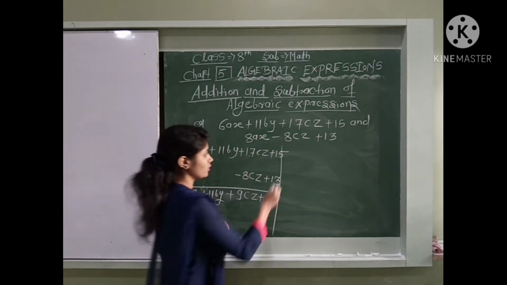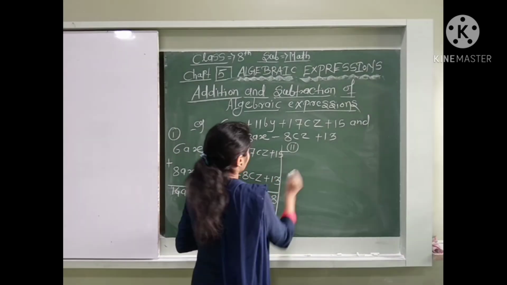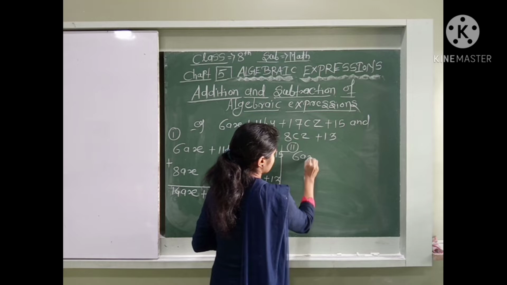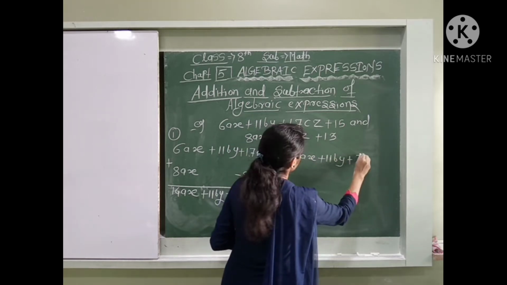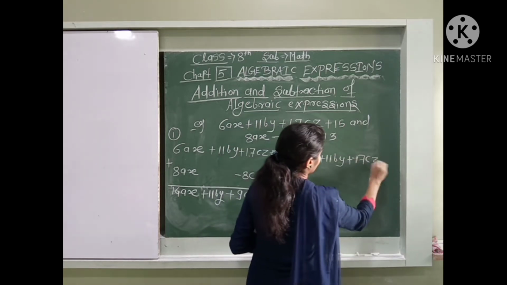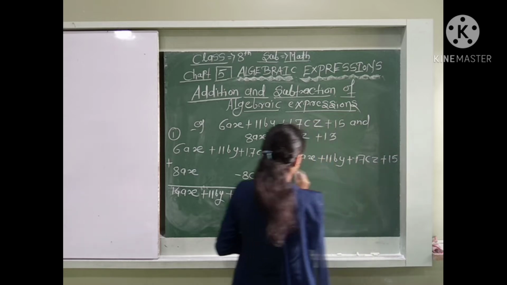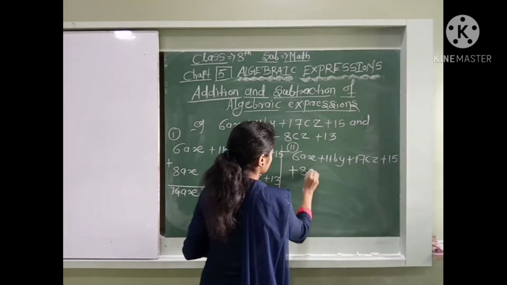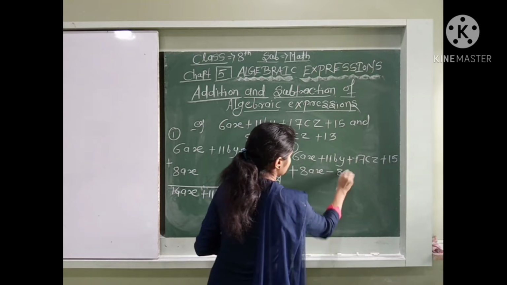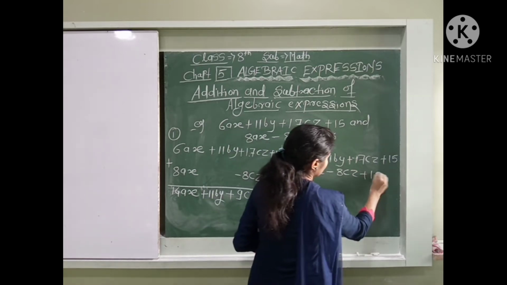Now the second method. We write down the first expression as it is, 6ax plus 11by plus 17cz plus 15. Then we add the second expression, 8ax minus 8cz plus 30.